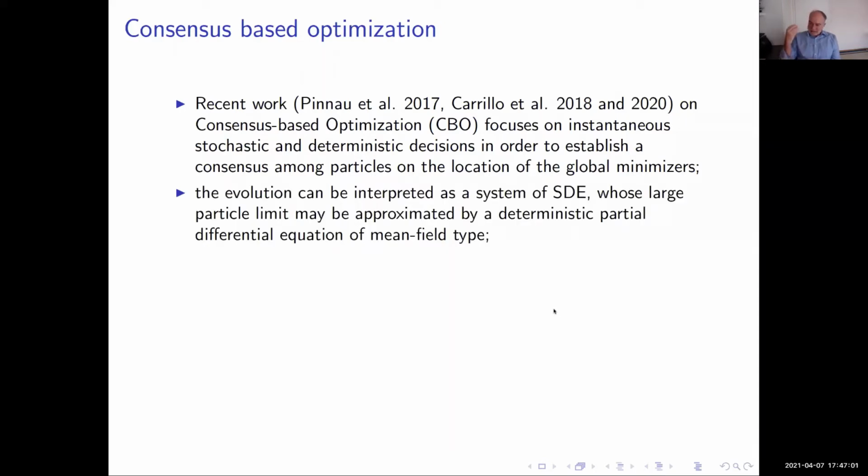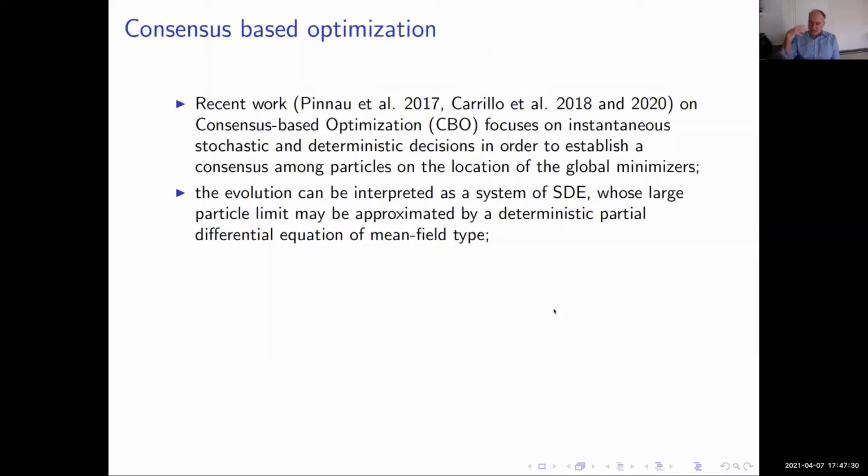Due to the instantaneous decision mechanism that is also stochastic, the evolution has the virtue that it can be interpreted as a system of stochastic differential equations. So the algorithm itself, that is an iterative process in discrete time, can be interpreted as a discrete time approximation of a stochastic differential equation system.